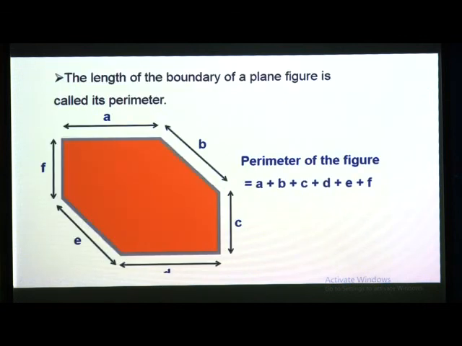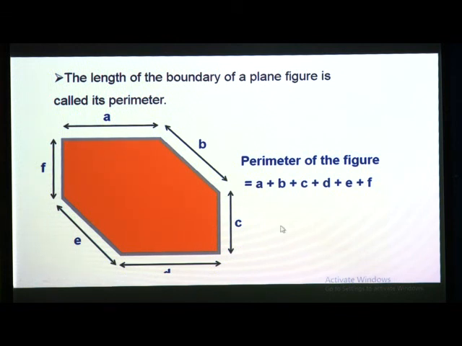The length of the boundary of a plane figure is called its perimeter. If we need to find the boundary of any particular figure, we need to calculate the length of the boundary of each side. As we can see here, A, B, C, D, E, F, this figure has 6 sides.